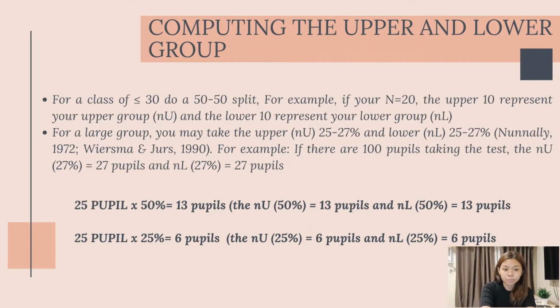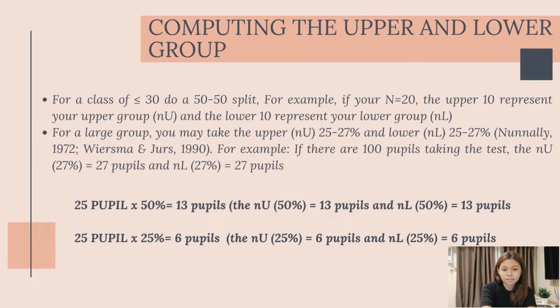And for a large group, you may take the upper 25 to 27% and lower 25 to 27%. For example, if there are 100 people, that is already a large number of students. So if there are 100 pupils taking the test, the upper group would be 27 pupils and the lower group would be 27 pupils with the use of 27%.